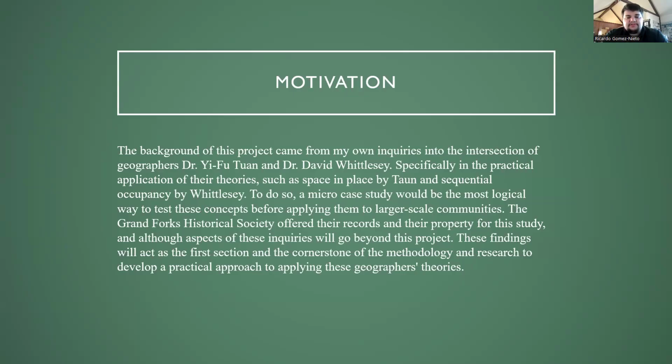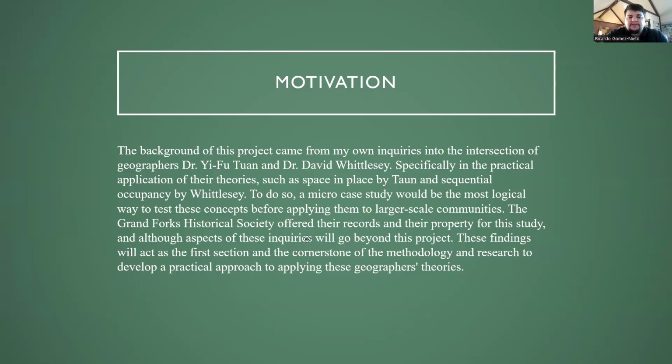Yes, there was aerial photography back in the 1940s and 50s, but now we have high quality satellite images. So how can I take these newer technologies and try to apply these to their practical concepts on a micro scale before applying them to study rural communities across North Dakota? Because I feel like this would be a good test subject before rolling out the main product.